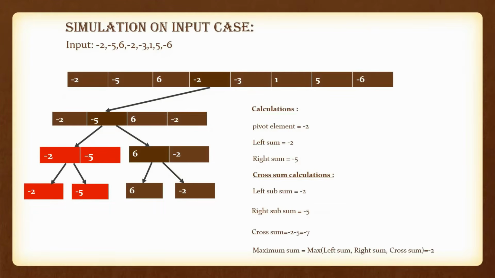For now, we will take the left half of the array and traverse upwards, merging the solution from the sub-arrays. We will start working with the elements -2 and -5. So here -2 is our pivot element, and -2 is the left sum, -5 is the right sum. Left subsum -2, right subsum -5.